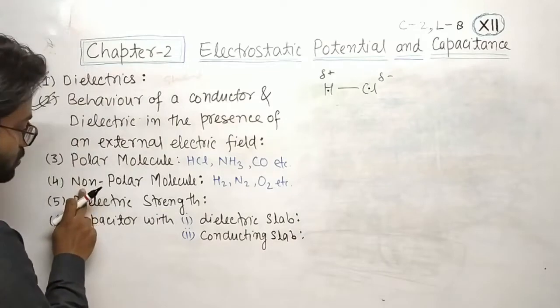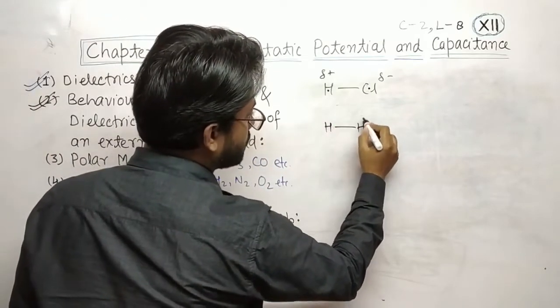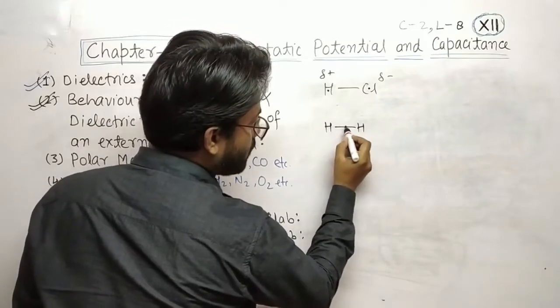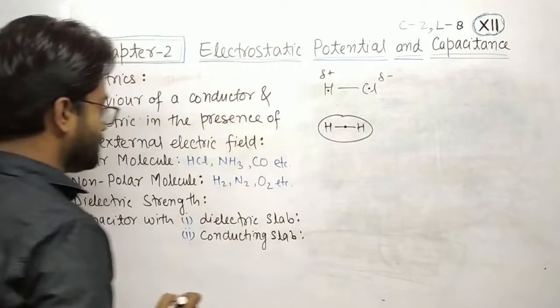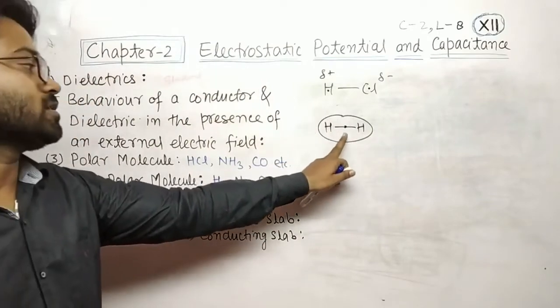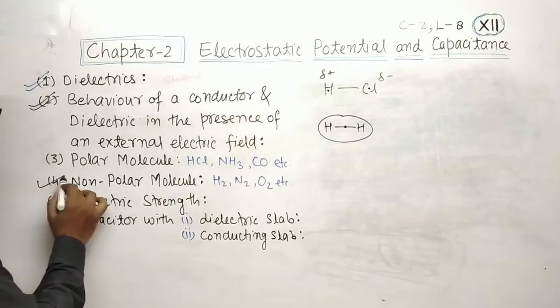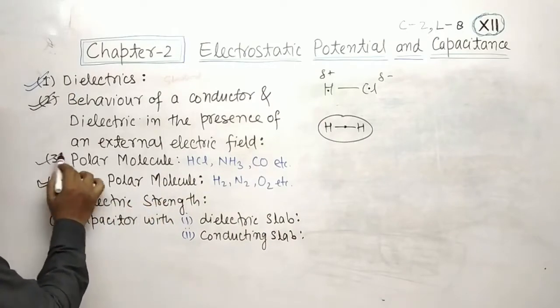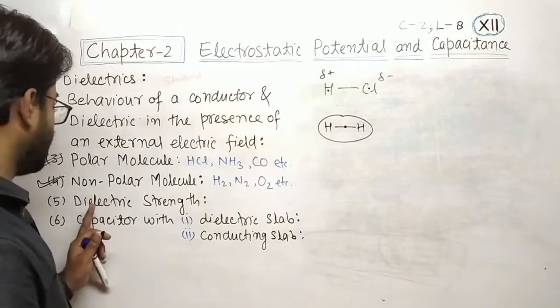In the case of a non-polar molecule, H2, the center of mass of positive and negative charge are both at the same position. That means the center of mass of positive charge and center of mass of negative charge coincide, that is a non-polar molecule.